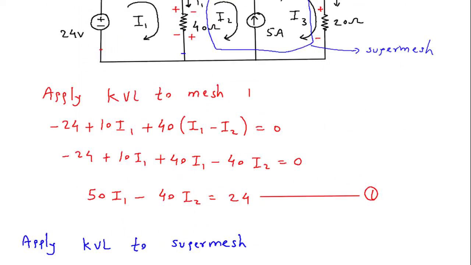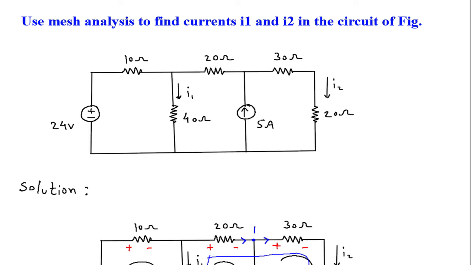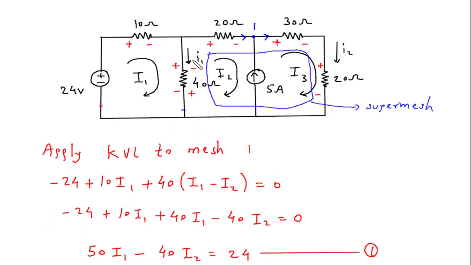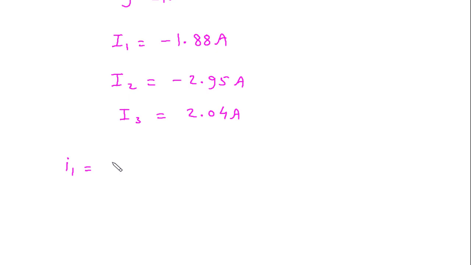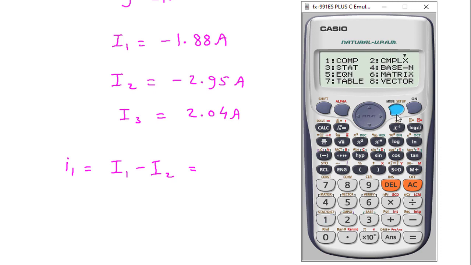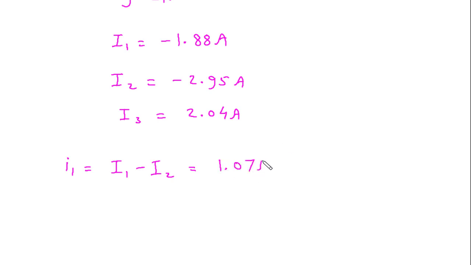What we have to find? We have to find I1 and I2. I1 is equal to I1 minus I2. So I1 is minus 1.88 minus (minus 2.95), which is 1.07 ampere.